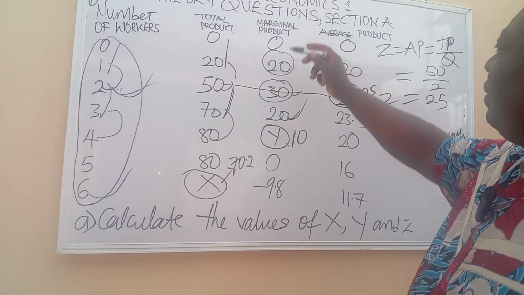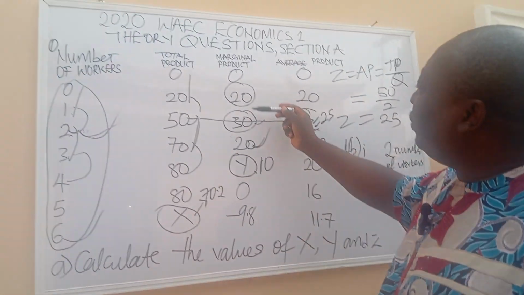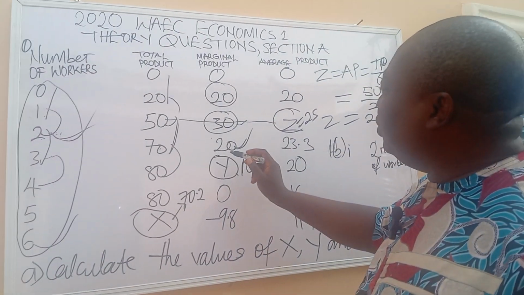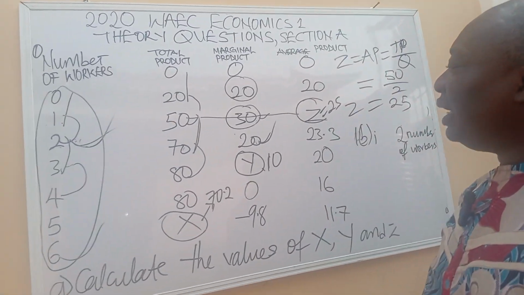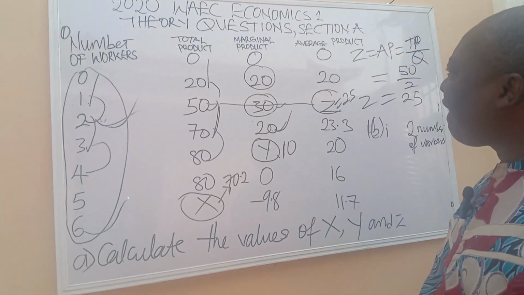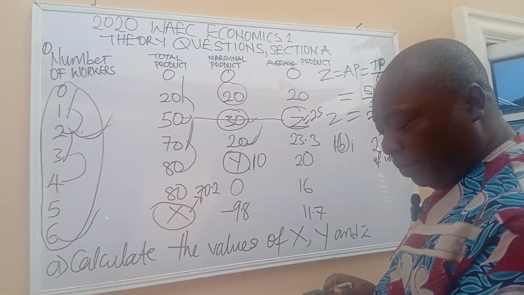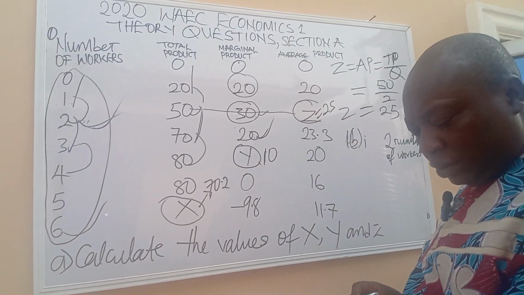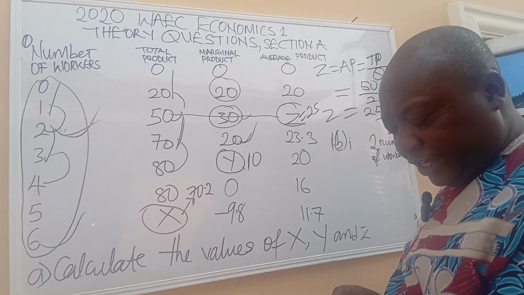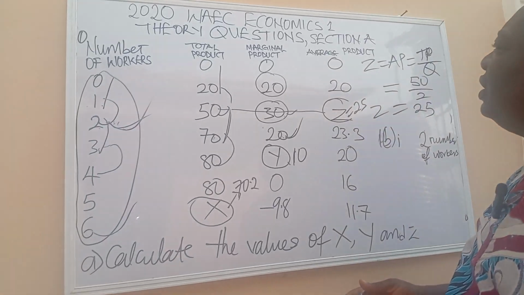Okay, but let's look at the marginal product. It increased from 0 to 20, from 20 to 30, then it reduced to 20 here. That is marginal. But let me go back to the question. At what level of employment of labor does the firm experience decreasing returns?